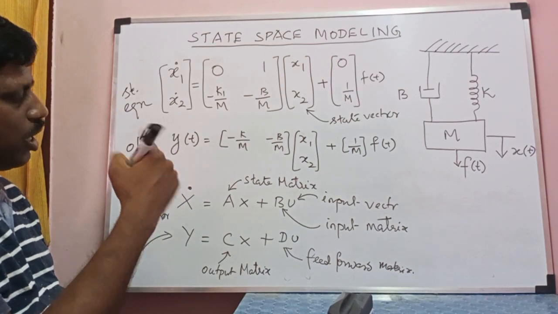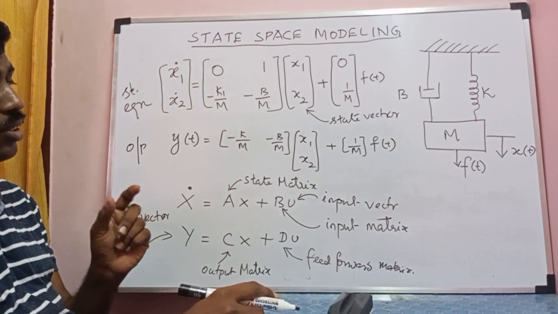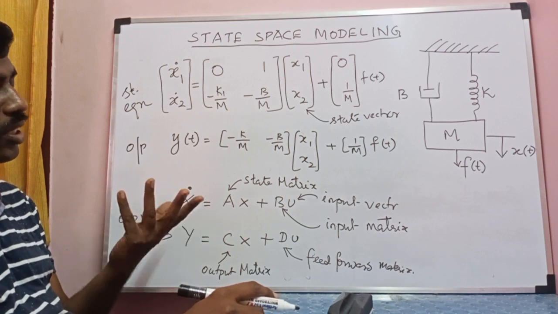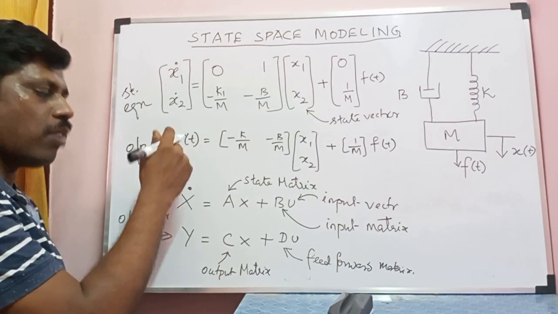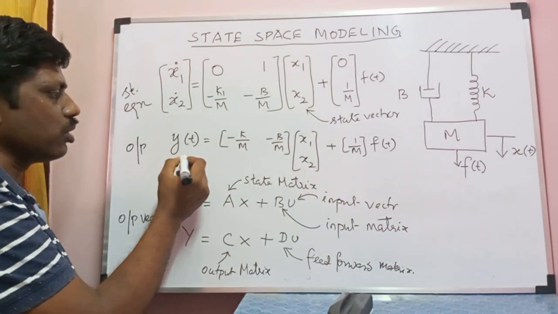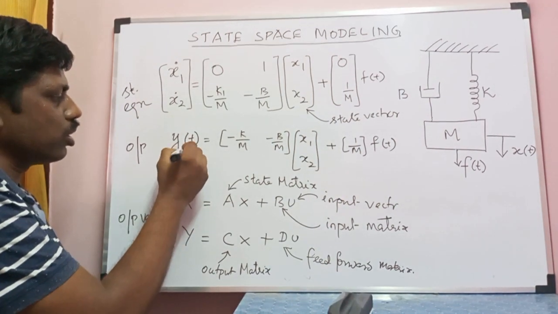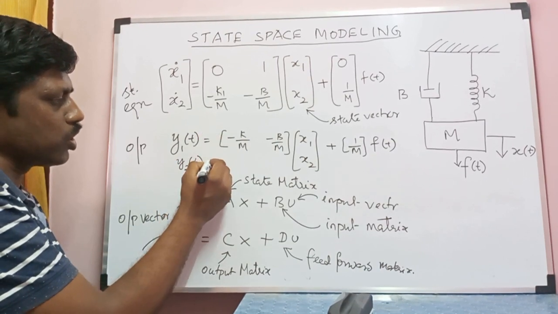For example, I may consider the velocity as one output, and the acceleration or the displacement as another output. Let me take y1 of t as the acceleration, and y2 of t as the displacement.